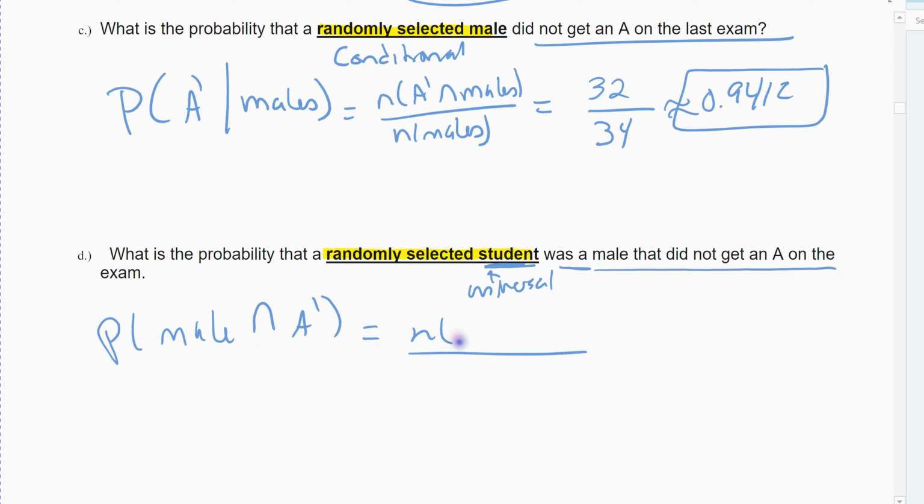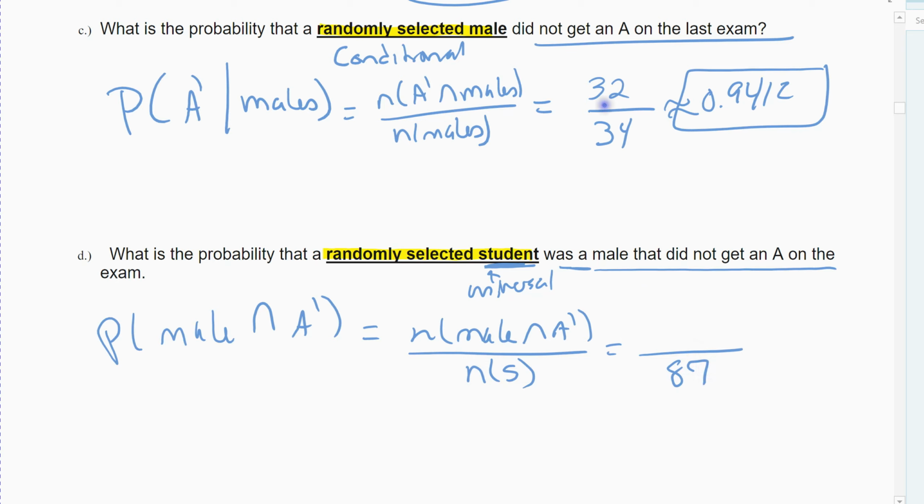What would be the number of ways to get a male student and not an A over this time the universal, because any student could have, pulling out of everybody. So if I'm pulling out of everybody, what's the odds I get a male who didn't get an A? Well, the odds change if I'm pulling out of everybody, right? Because there are 87 possible students I could pick from.